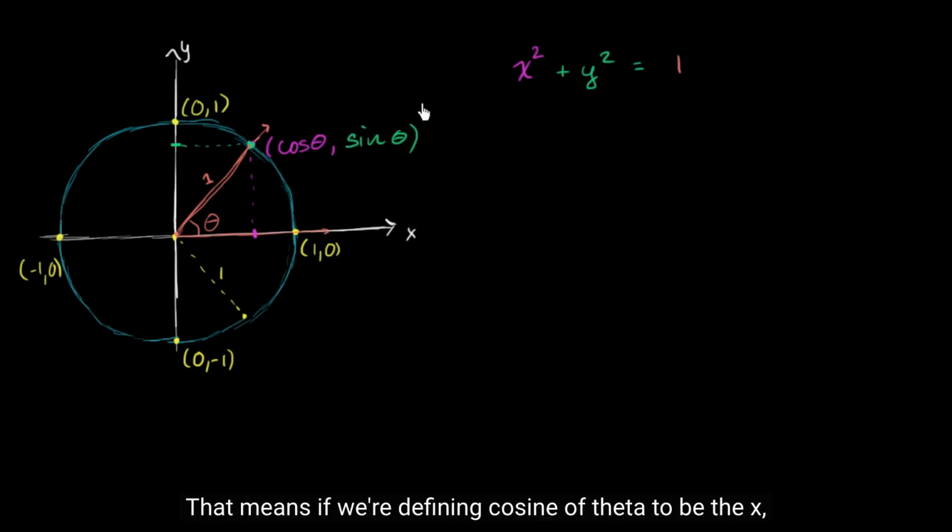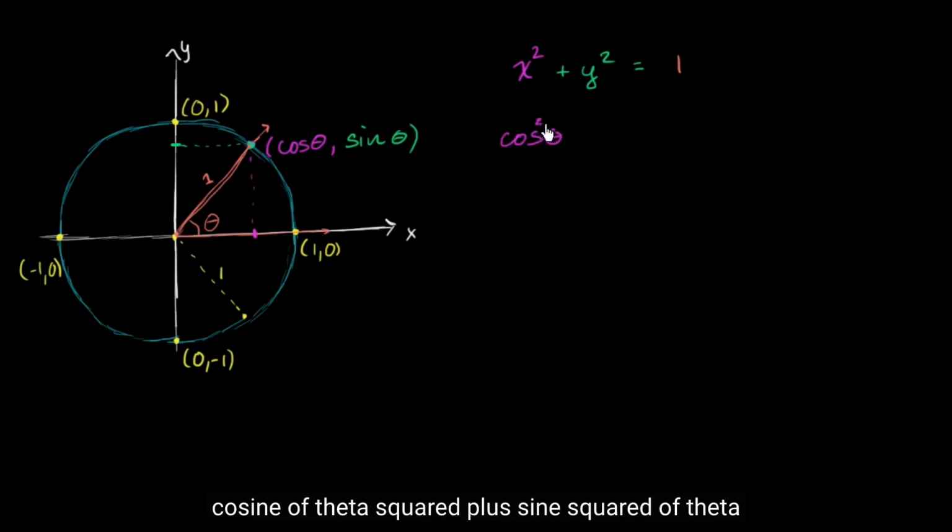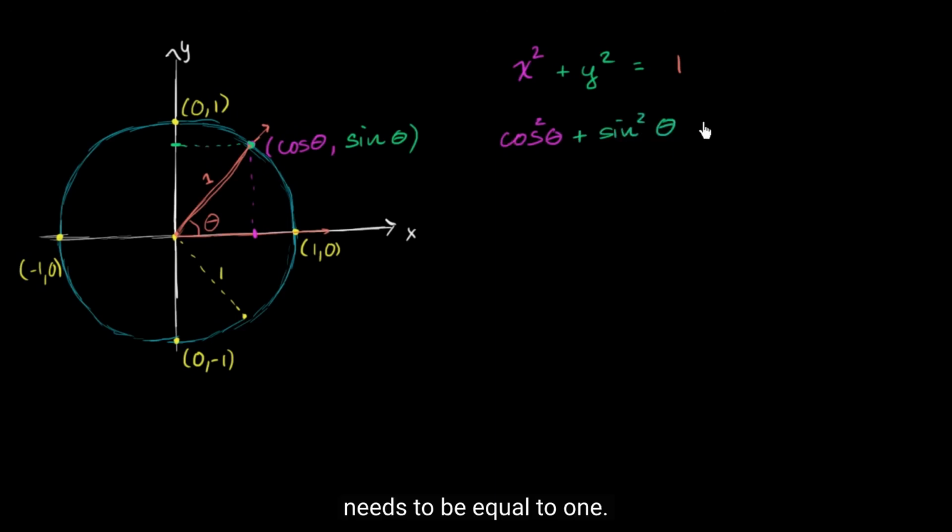So that means that cosine squared of theta plus sine squared of theta needs to be equal to 1, or sine squared theta plus cosine squared of theta needs to be equal to 1. And that's just from the point. Cosine theta is the x-coordinate, sine theta is the y-coordinate. They have to satisfy this relationship which defines a circle. So cosine squared theta plus sine squared theta is 1.